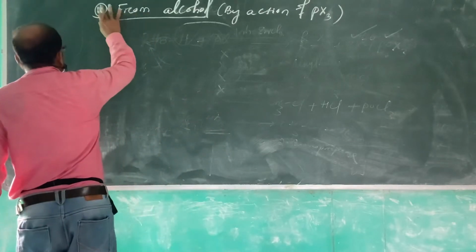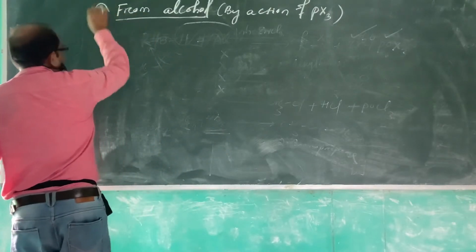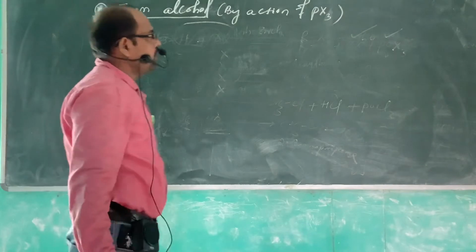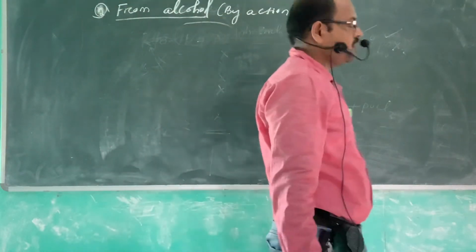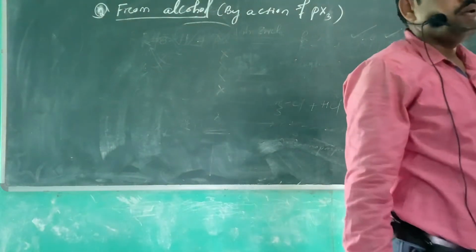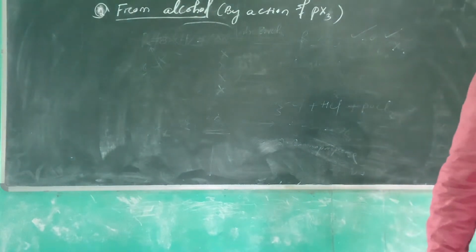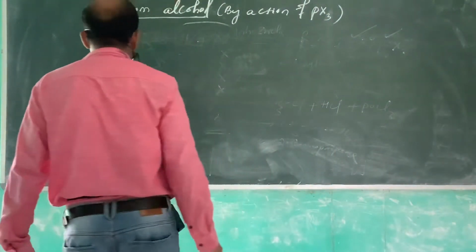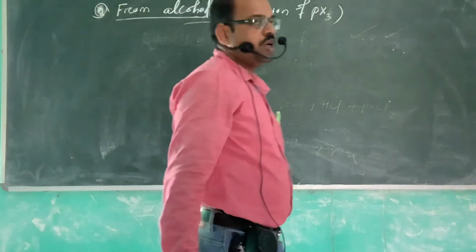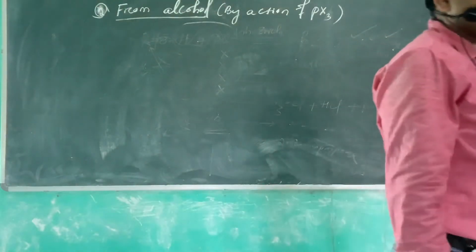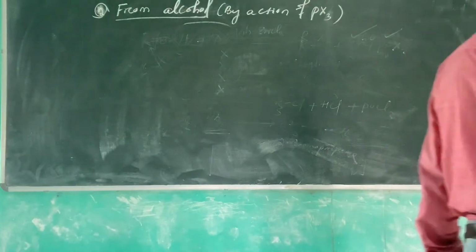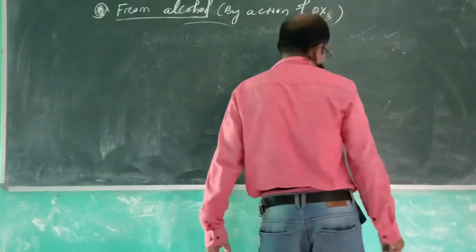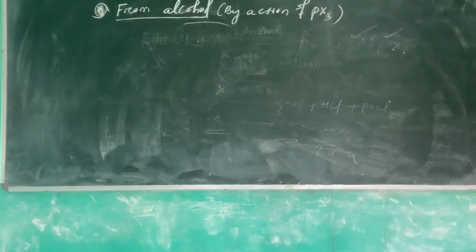Preparation number 5: from alcohol by the action of PX3. When alcohol reacts with PX3 it produces the corresponding alkyl halide.